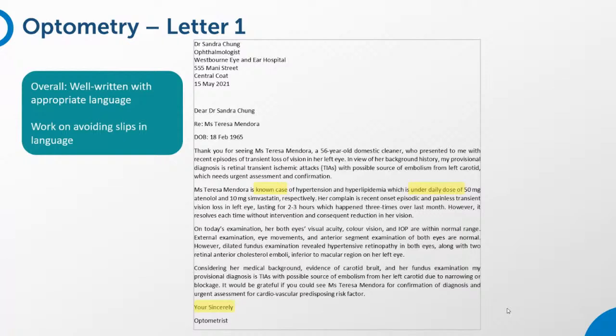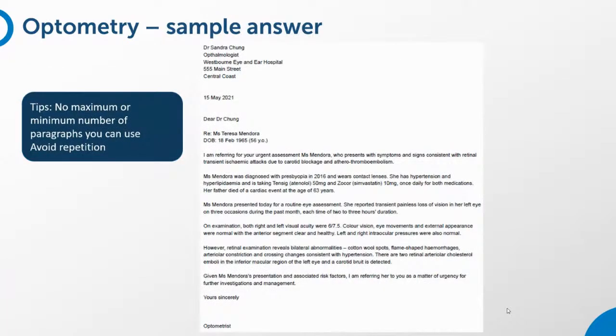Let's compare it to the official sample letter for the case notes, and we're sharing the link to those sample letters in the chat now, if you are an optometrist watching the session a little bit later. So the writer has used a higher number of short paragraphs to clearly organize the information in a way which is clear for the reader.